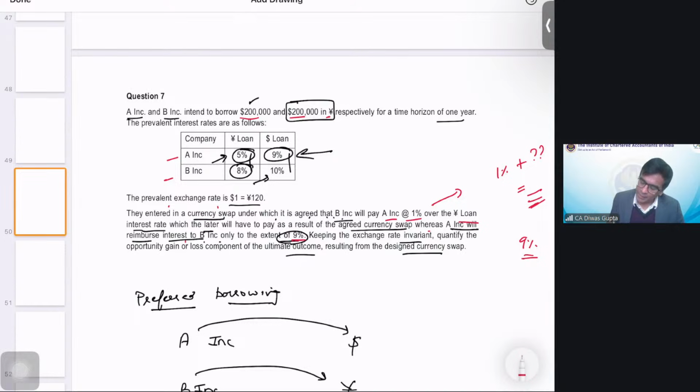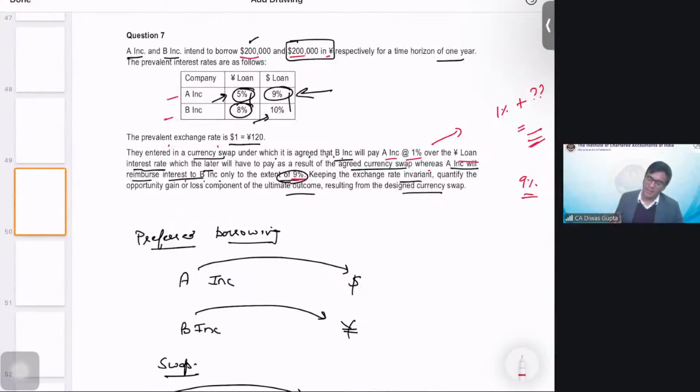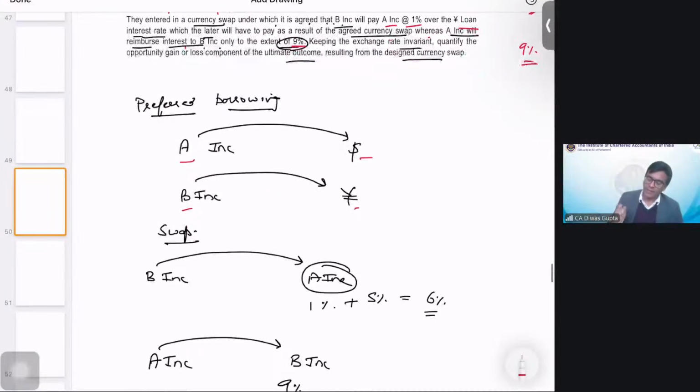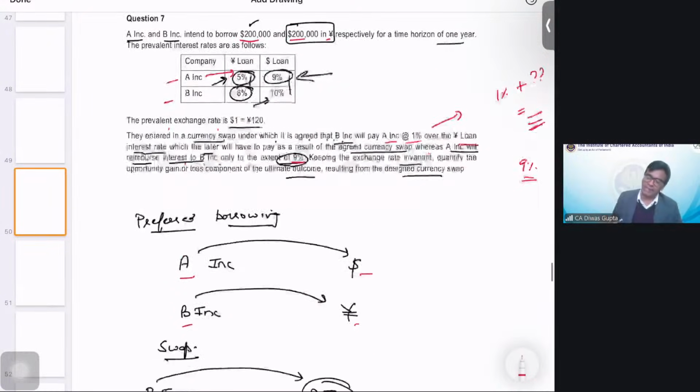Keeping the exchange rate invariant, quantify the opportunity gain or loss of the ultimate outcome resulting from the designed currency swap. Now let me just summarize here. Their preferred borrowing is A in dollars and B in yen. But the swap is that B Inc. will be paying to A Inc. 1% plus 5%, which is what A Inc. is getting borrowed in yen.